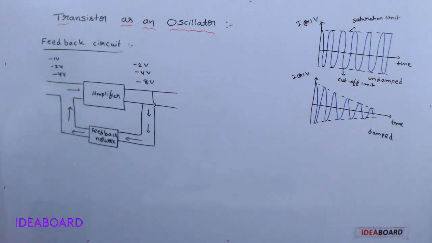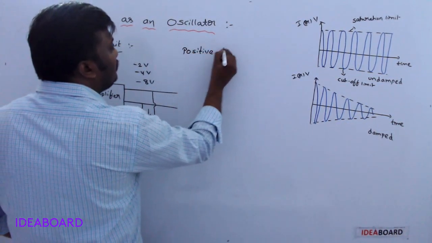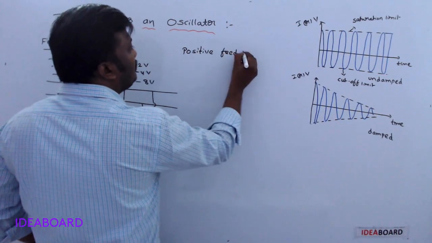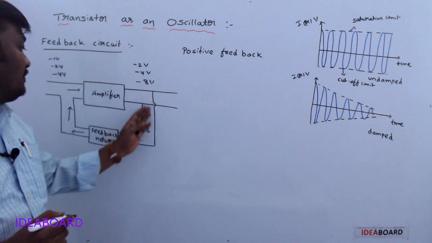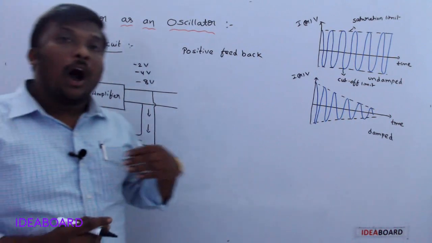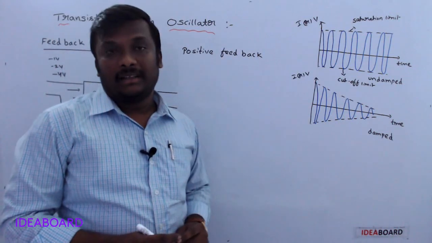If the feedback is in phase with the input signal, it is called positive feedback. If the feedback is in opposite phase with the input signal, then it is called negative feedback.